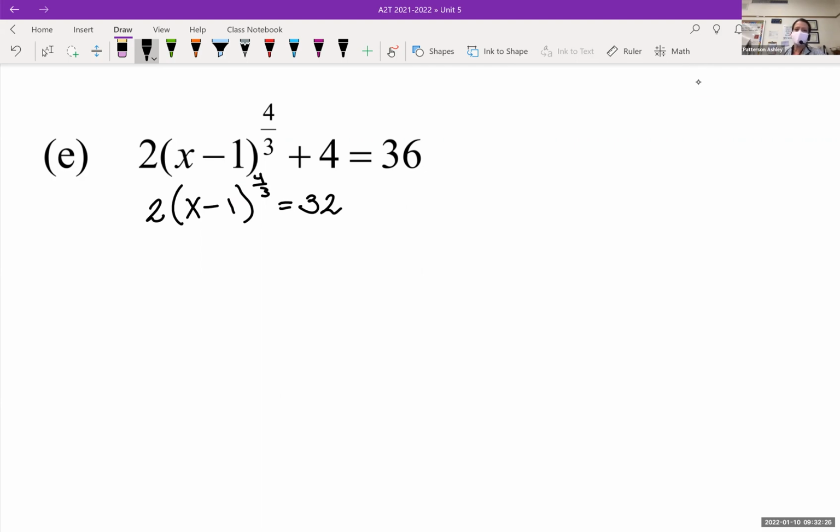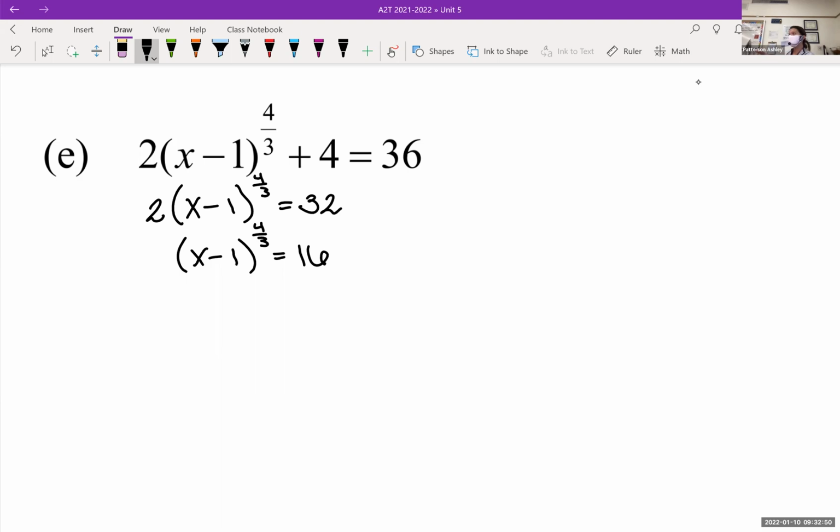Now what should we do? Cami? Divide by 2, leaving us with x minus 1 raised to the 4/3 power equal to 16. All right, we've isolated the radical term. What is our index here? 3.